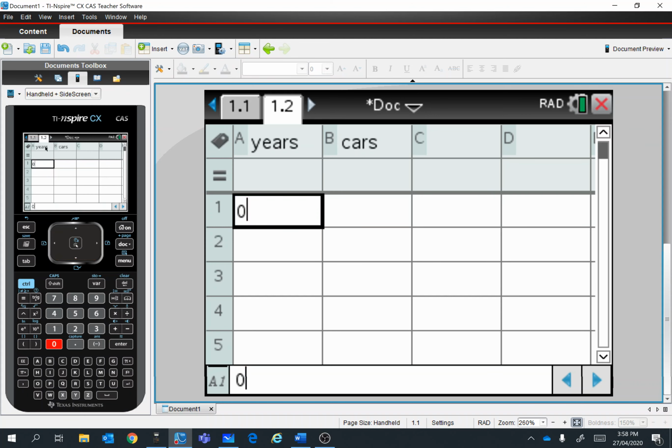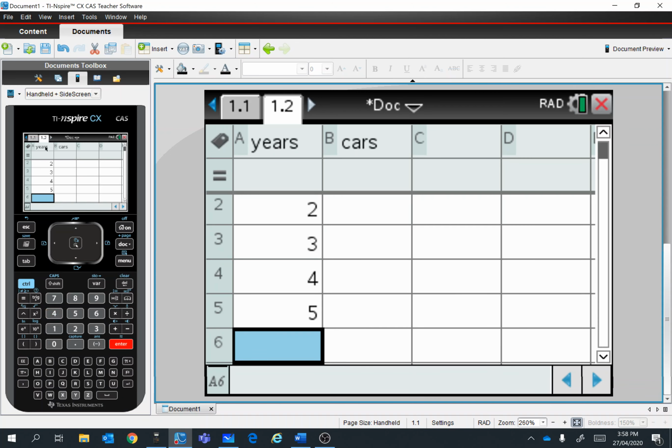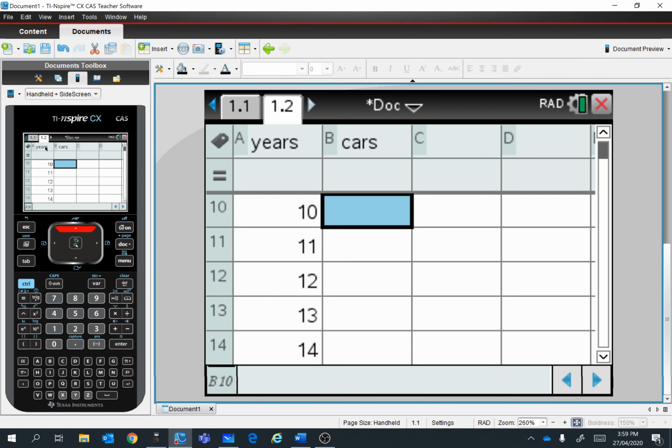Okay, so I'm going to start with year 1, 2, 3, and go all the way up to 15. That's how many they want from us. Go ahead and enter all those. If you need a bit of time to catch up, just pause the video.